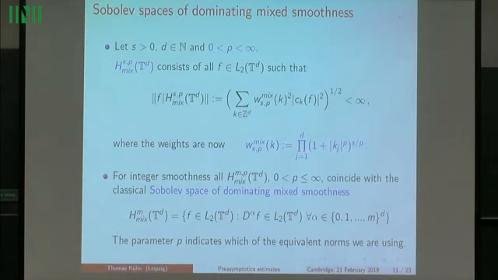And for everybody who worked with a hyperbolic cross, it's clear somehow hyperbolic crosses come into play. So, and for integer smoothness, again, all these spaces for any p and fixed smoothness m, they coincide with the very classical Sobolev space of dominating mixed smoothness, where we have all derivatives in L2 for all multi-indices with each coordinate less than or equal to m.